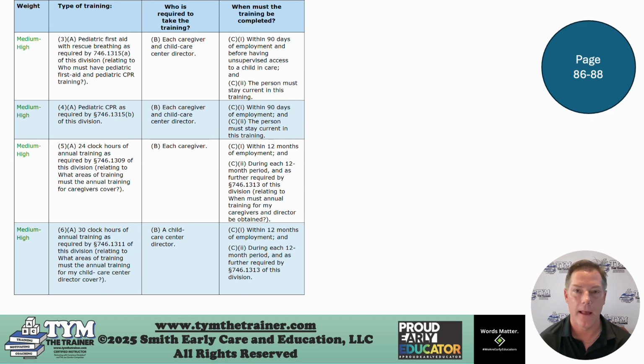So if you do it online, if you do it with a module, whatever works best for your program, just know that it has to be done within the first 90 days and it has to be done before you're left alone in a classroom. We do offer this course on my website, timthetrainer.com, so you can go ahead and get that pediatric first aid with rescue breathing so that you can get into that classroom.